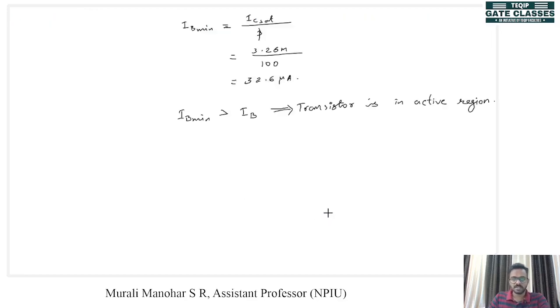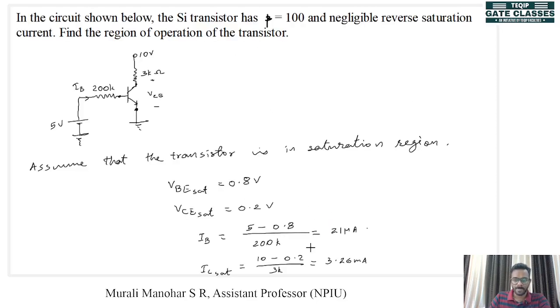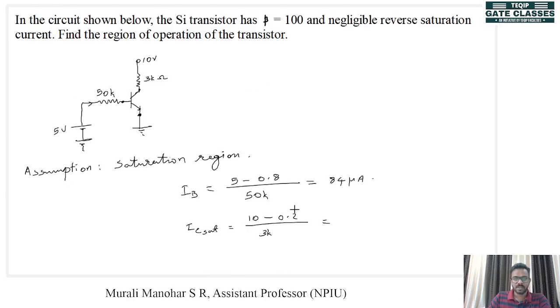And this is just as the previous value, that was 3.26 milliampere, and from this we can find out the value of IB min, which is equal to IC sat divided by beta, which is equal to 3.26 divided by 100, and that is 32.6 microampere.